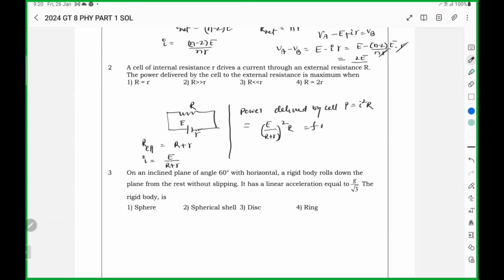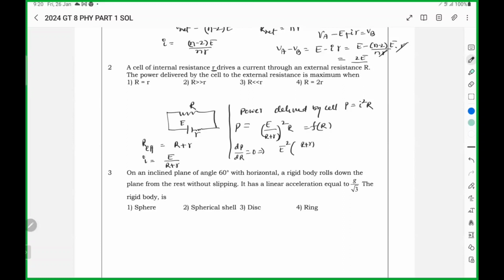It is a function of external resistance, as the internal resistance of a battery is fixed. It depends upon the external resistance. For what external resistance is the power delivered maximum? So for maximum, dP by dR is 0. E square is constant.